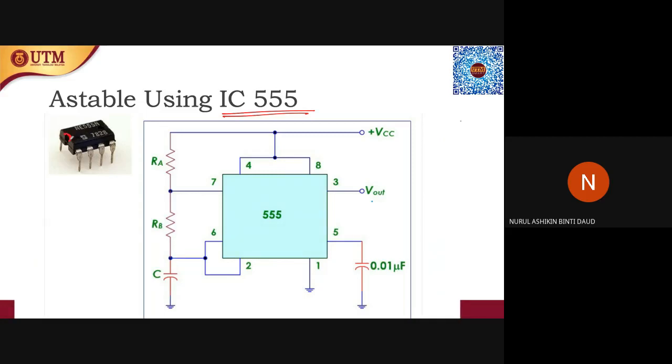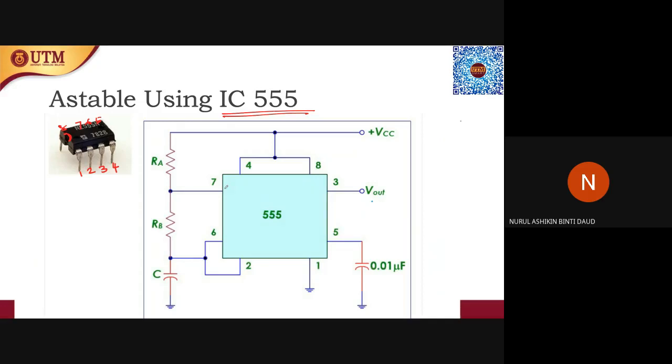Since the mark is here, pin number 1 starts from here: 1, 2, 3, 4, 5, 6, 7, and 8. For each pin, this is how to draw the circuit: pin number 1, 2, 3, 4, 5, 6, 7.